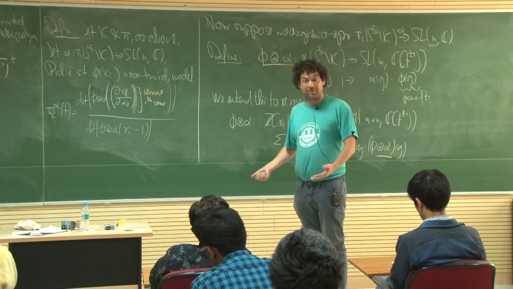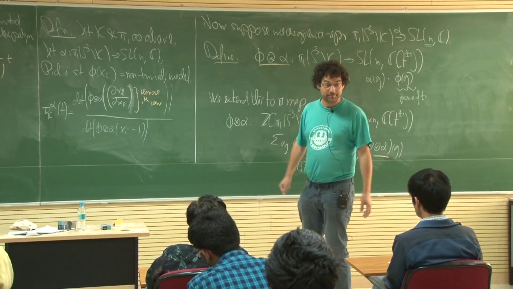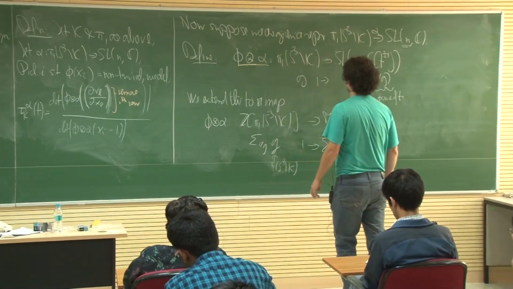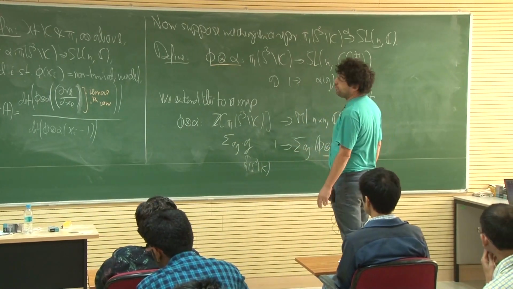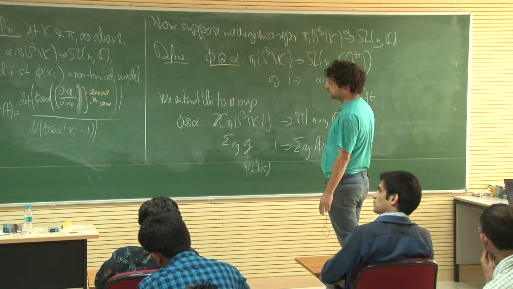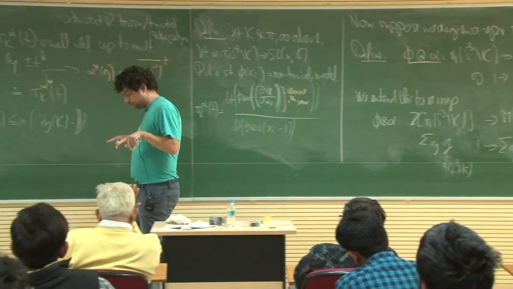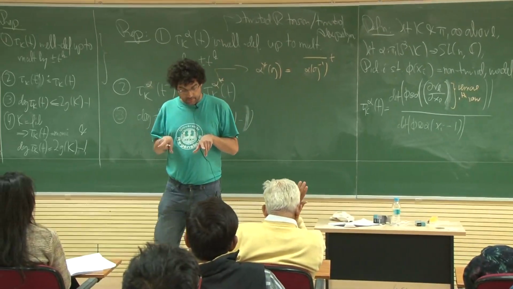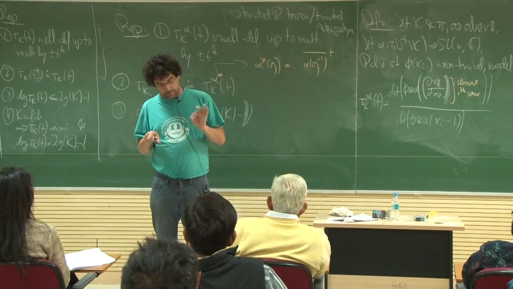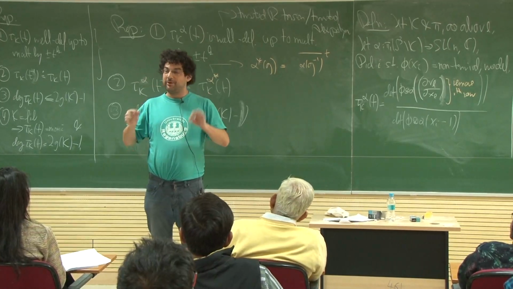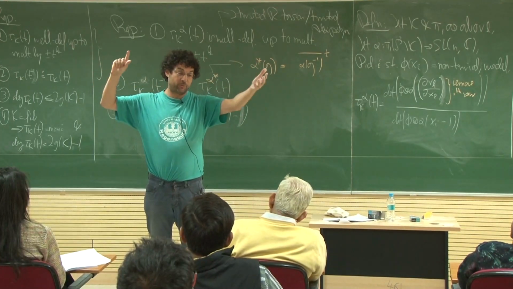Okay, so the question is, what does it do for you? There are two different types of questions. One is you have 2 different knots and you want to distinguish them.